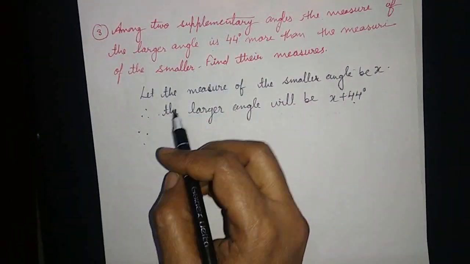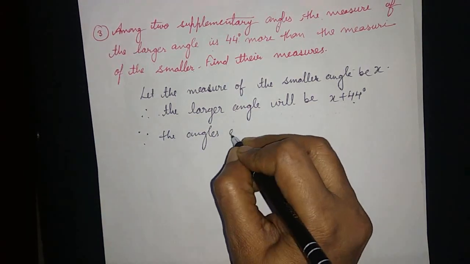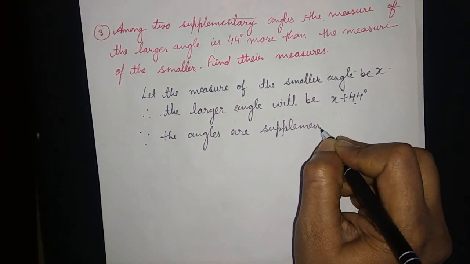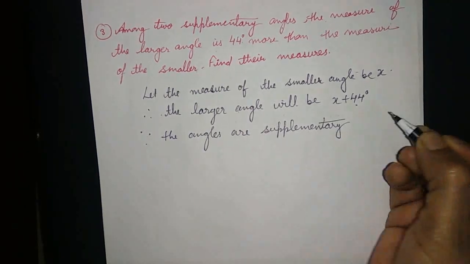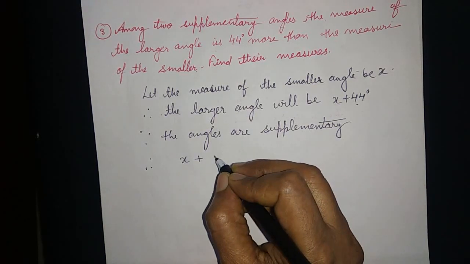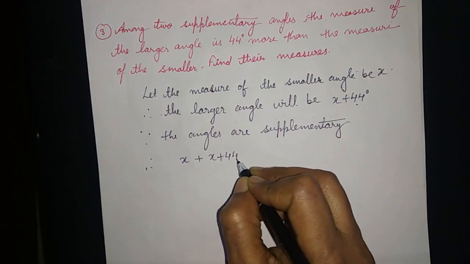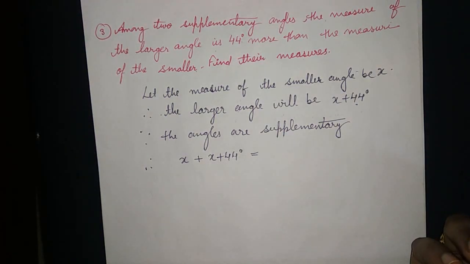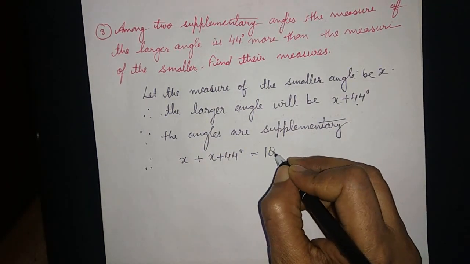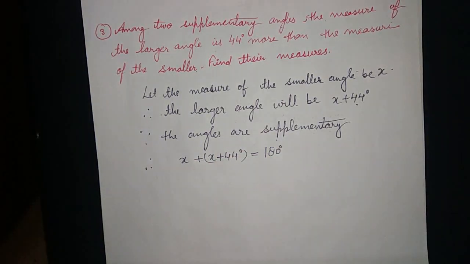Here you will write, since the angles are supplementary, therefore x plus this x plus 44 degree is equal to how much? 180 degree, because these two angles are supplementary.